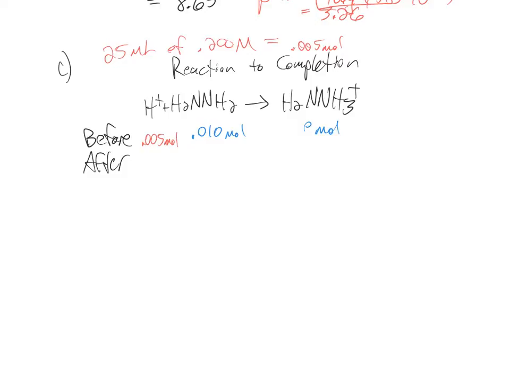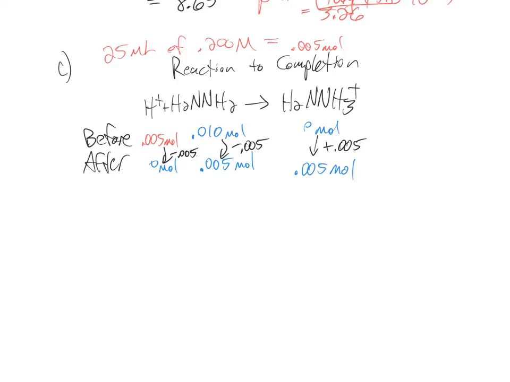One of the two reactants goes all the way down to 0. It's the one with fewer moles. 0.005 is less than 0.01. Notice that there's the same reduction in amount for both reactants. And on the product side of the equation, it's an increase of that same amount to give us 0.005.